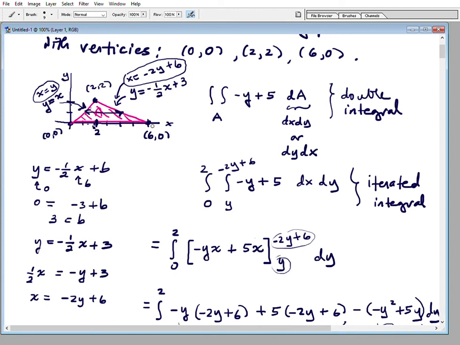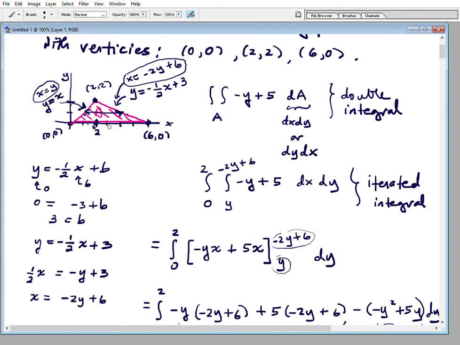But we want to know where x hits on the left and where x hits on the right. So we need to solve for x. X equal y, y on the left, put that at the bottom. And here we solve this one for x. And so x hits on the right at minus 2y plus 6, so that goes on top. Now the y limits of integration, I said only numbers for the outer one.